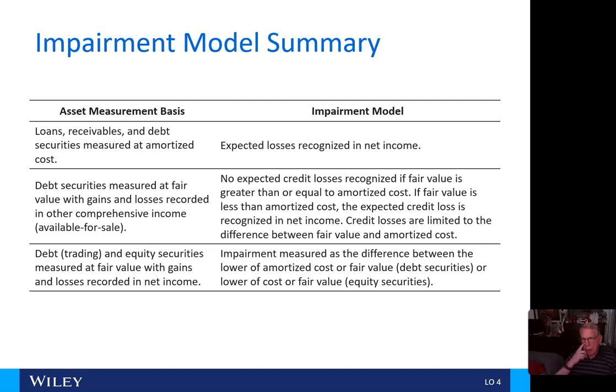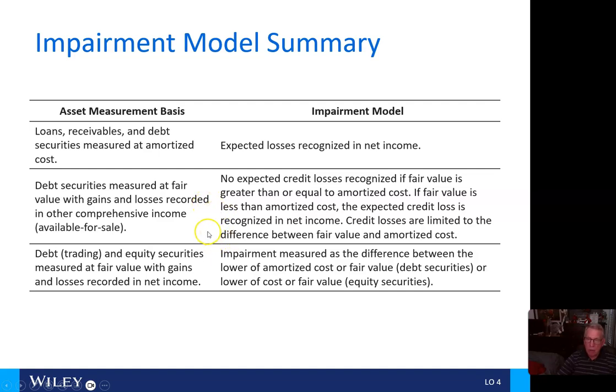All right. The impairment model summary then, I think the asset measurement basis and the impairment model here. So loans, receivables, and debt securities measured at amortized costs, the impairment model is the expected losses recognized in net income. For debt securities measured at fair value with gains or losses recorded in other comprehensive income, available for sale, the impairment model states that no expected credit losses are going to be recognized if fair value is greater than or equal to amortized cost.